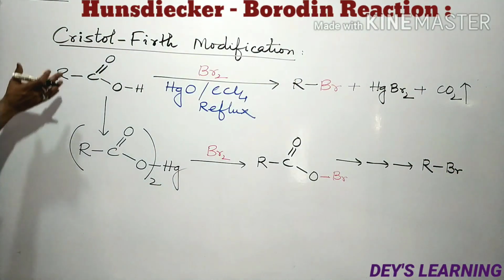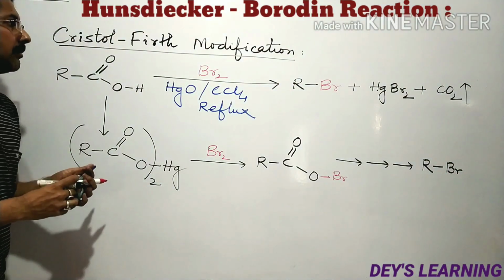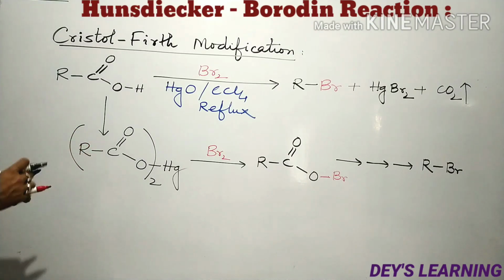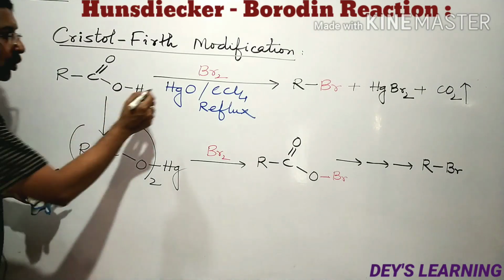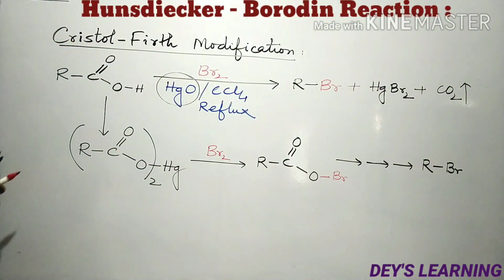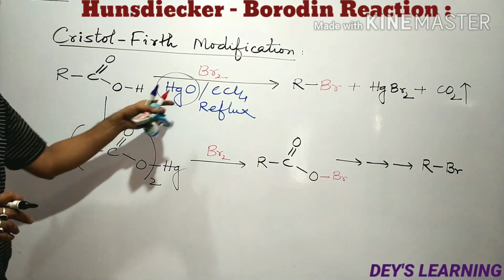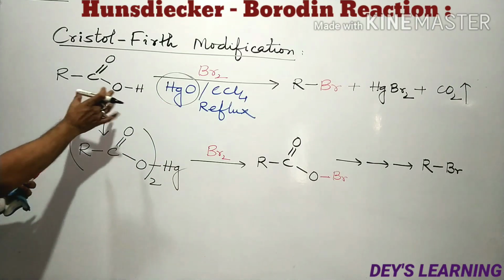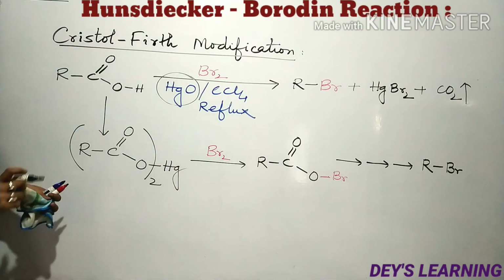So this is again nothing but modified Borodine Hunsdiecker reaction. Only mercuric oxide is used here instead of the silver salt of carboxylic acid.